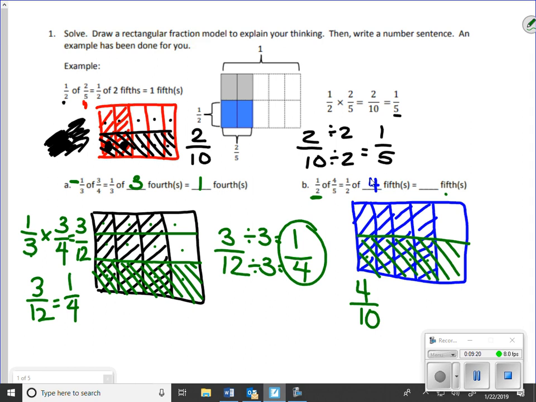No. So what does that tell me about 4/10? It can be simplified by what? 2. Cannot be simplified by 4. 2 can go into 4, and 2 can go into 10. 4 divided by 2 is 2. 10 divided by 2 is 5. 2/5.